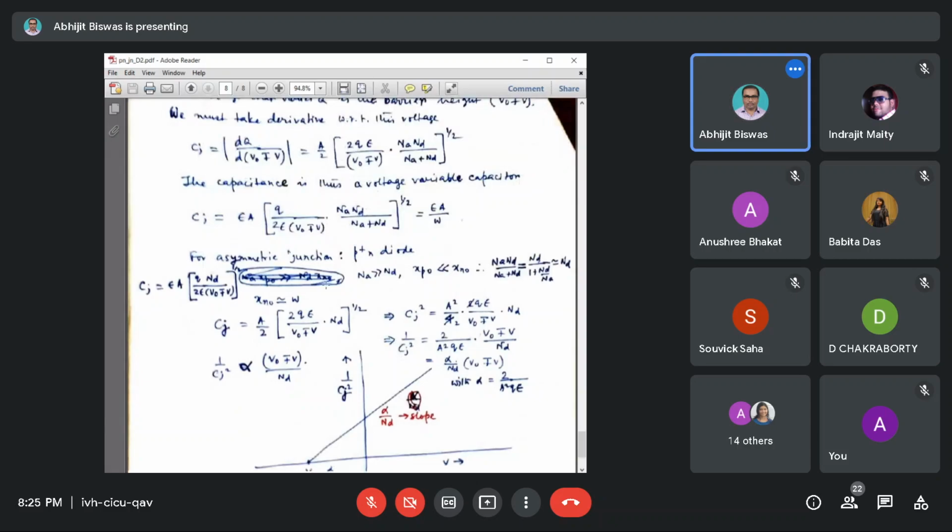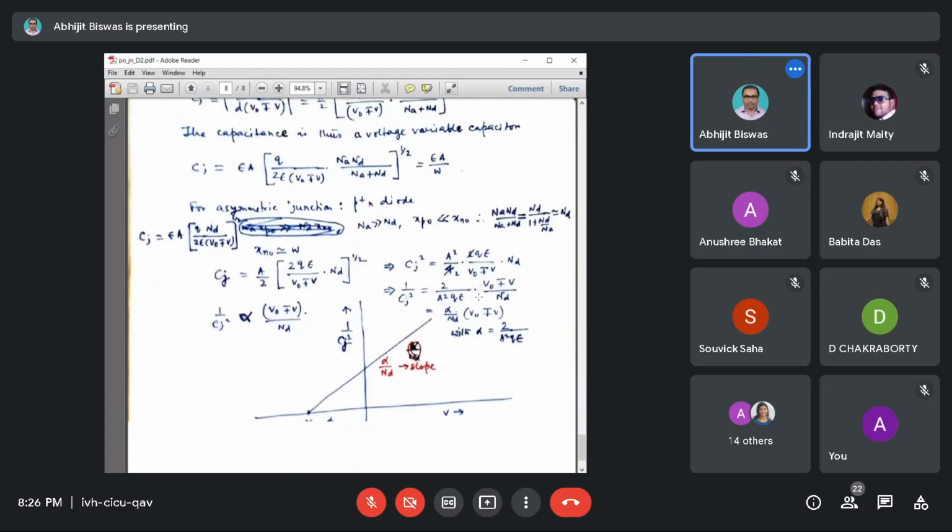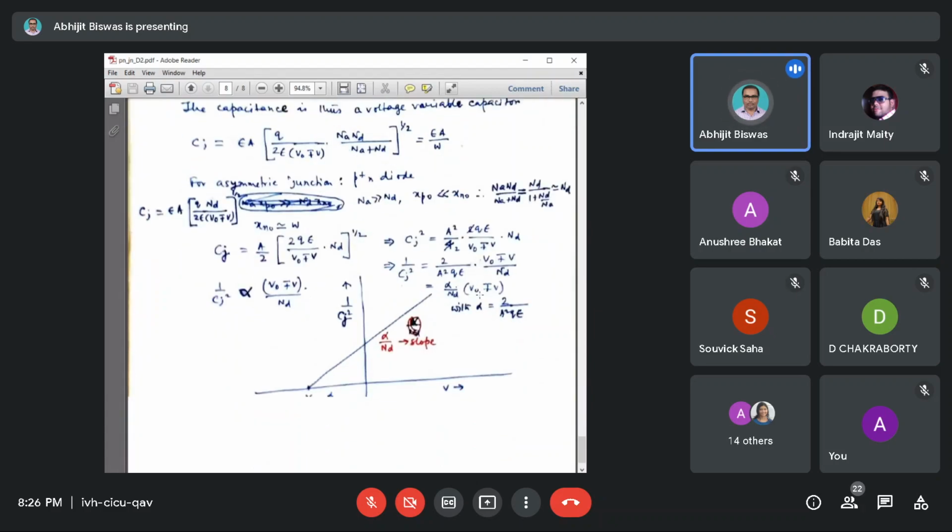So the junction capacitance Cj can be given by epsilon A times the square root of Q divided by twice epsilon into V0 minus plus V, into Na Nd divided by Na plus Nd, whole to the power half. So it comes around epsilon A by W. Now we consider an asymmetric junction, a P plus N diode.